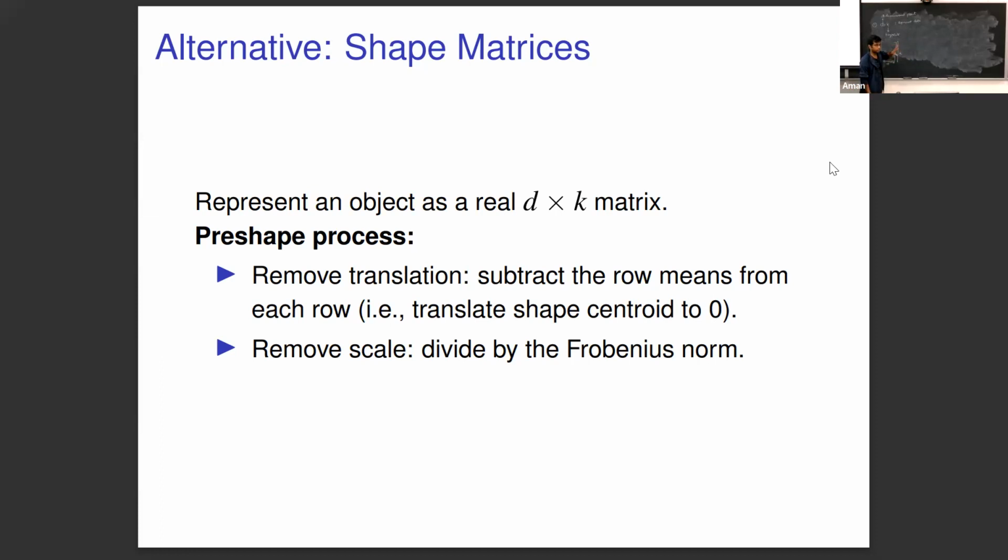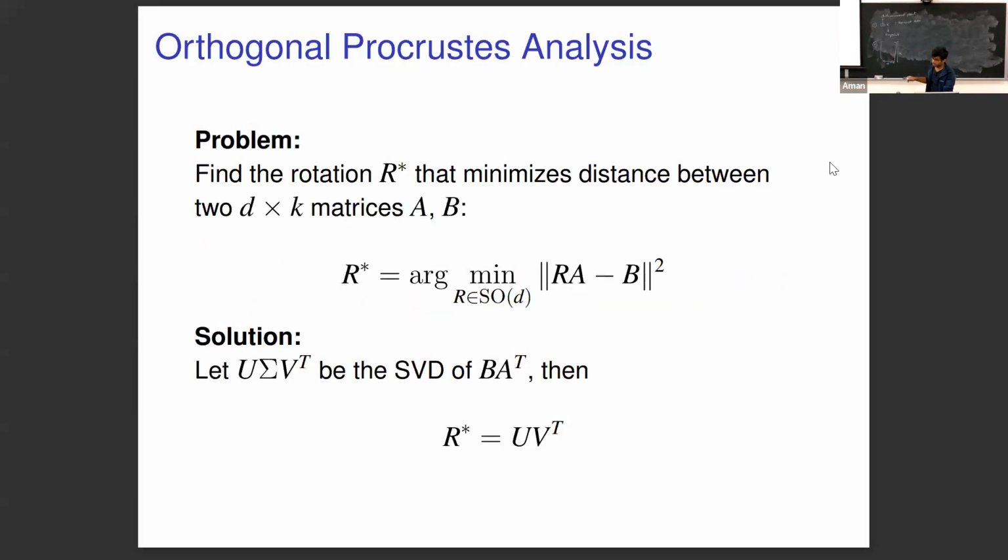So everything would be around the origin, right? And then we want to remove scale, and to remove scale, we just divide it by the Frobenius norm, and that would remove the scale.